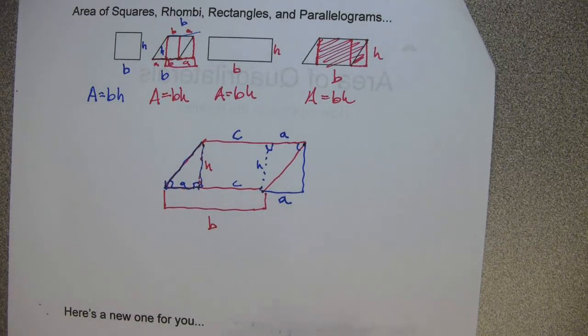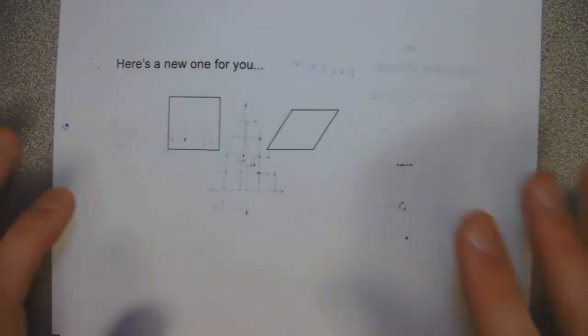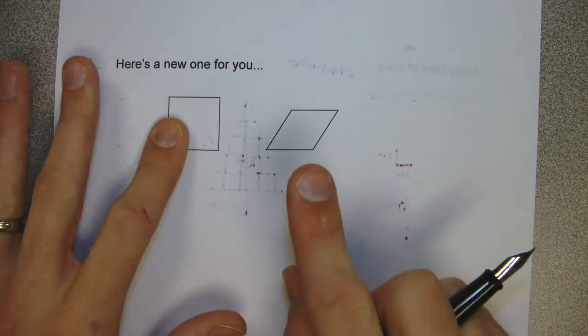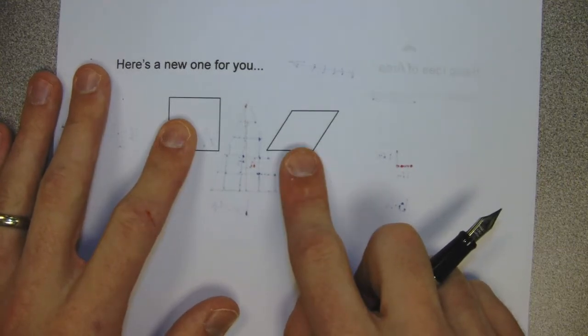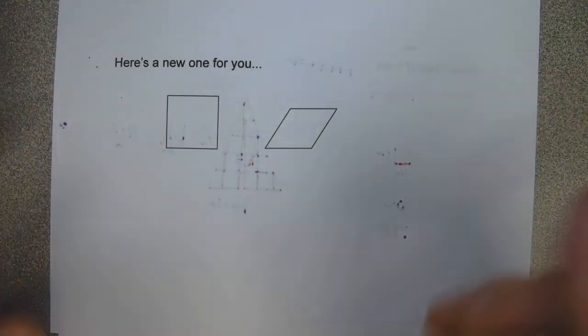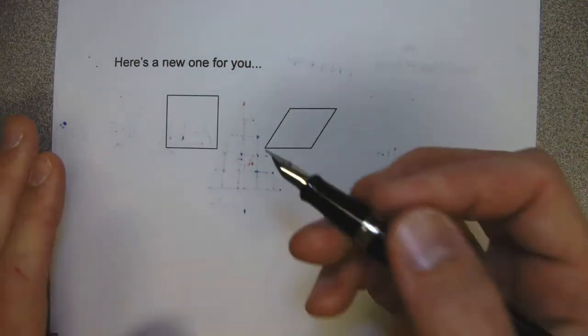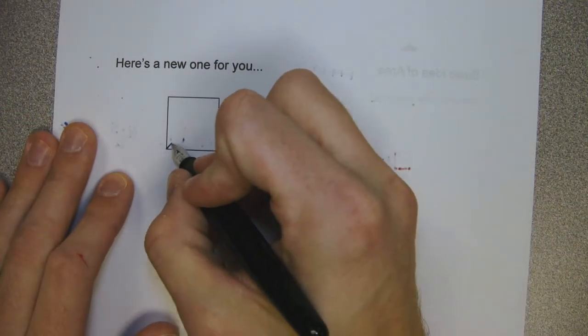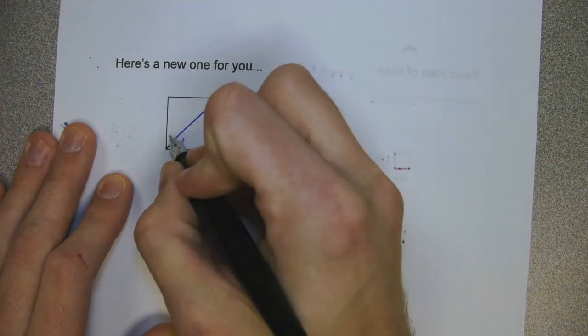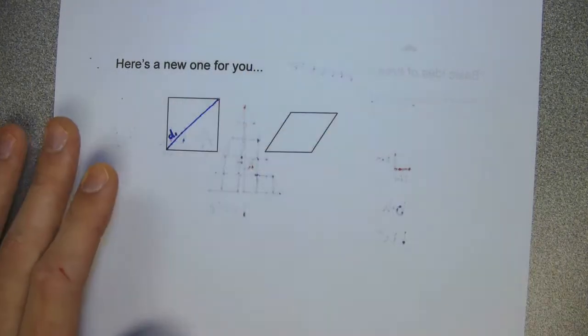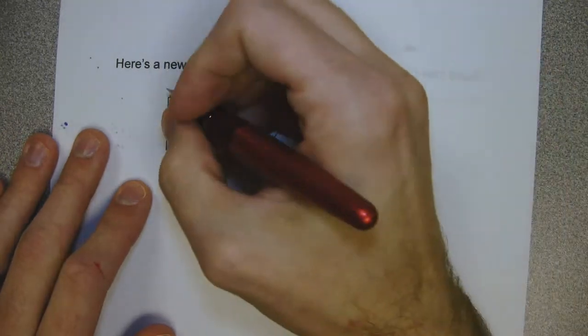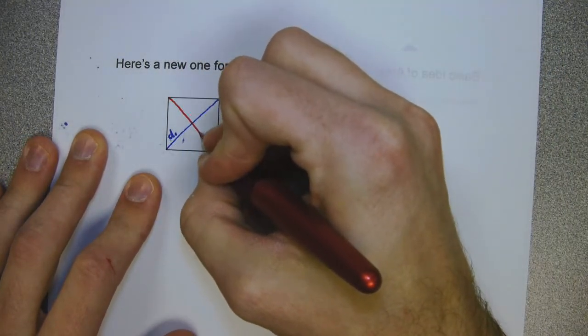Now, here's something new that maybe you've never seen before. If we're talking about rhombi, so squares in particular, and then just general rhombi, here's another area formula that you can use. And this is a good one to know. And it's based on diagonals. So I'm going to call this diagonal 1. We'll draw the other one in.